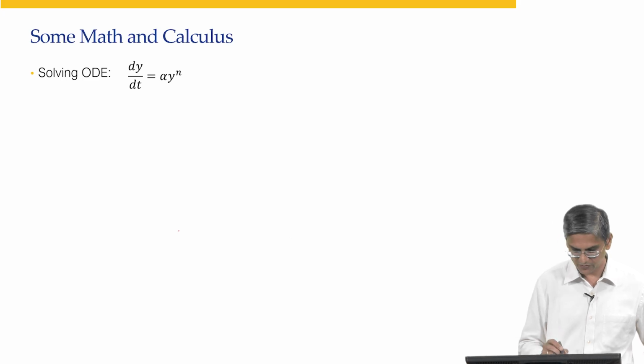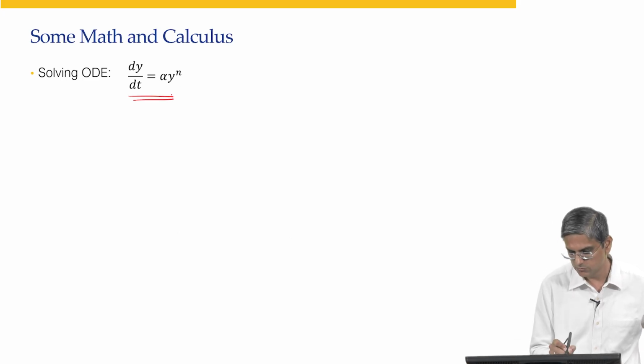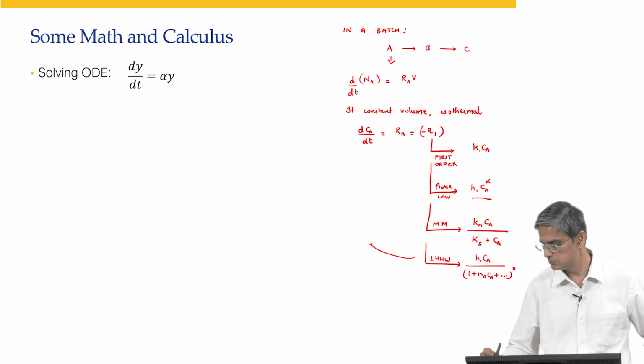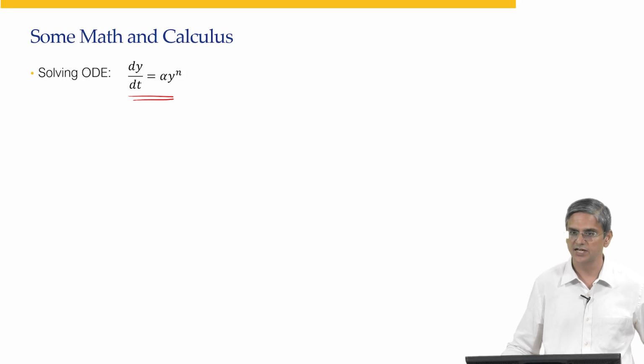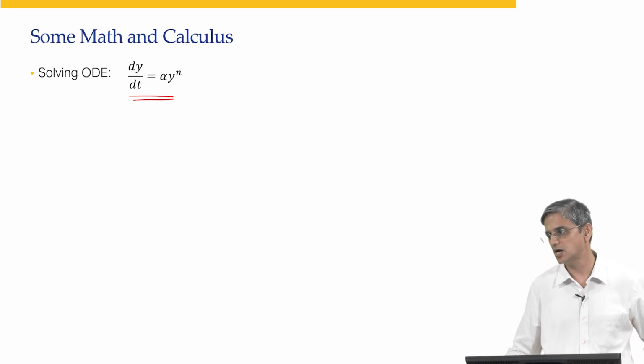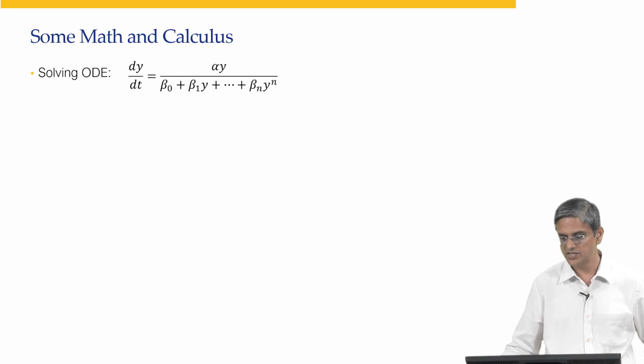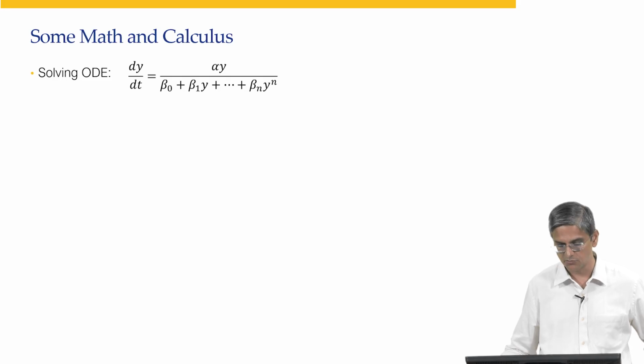Okay. If this was a power law model, you will get it in the form of dCA by dt equal to minus k Ca to the power alpha, where alpha is not equal to 1. That is when you are going to get this particular equation, and whether it is Michaelis-Menten or LHHW, you are going to get an equation of this form.